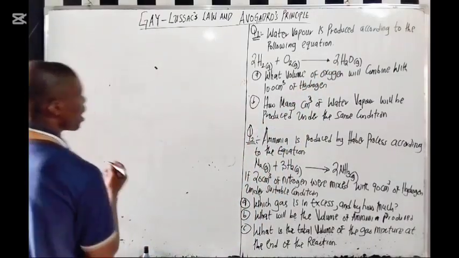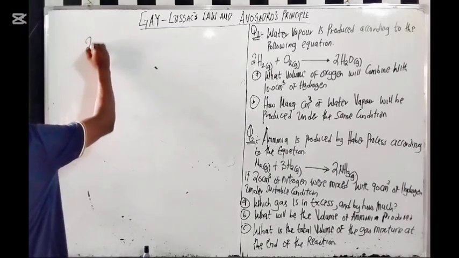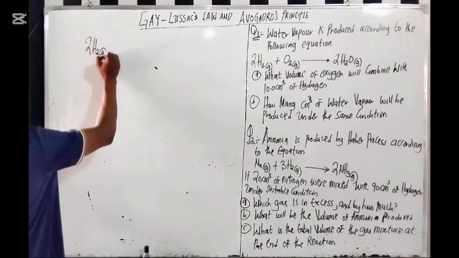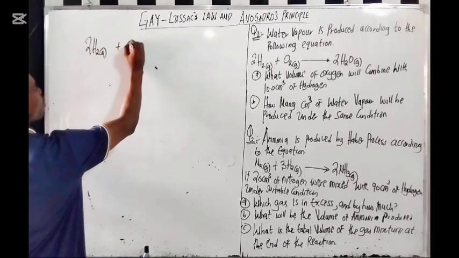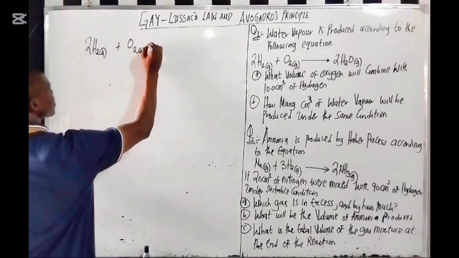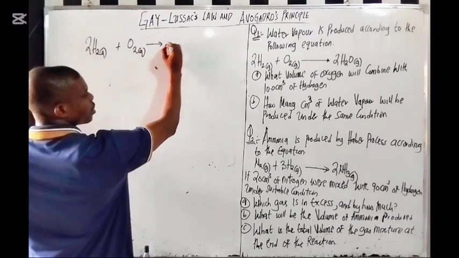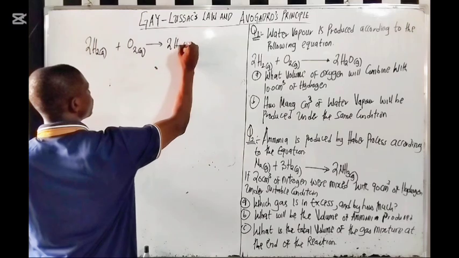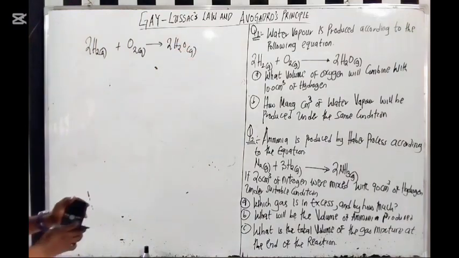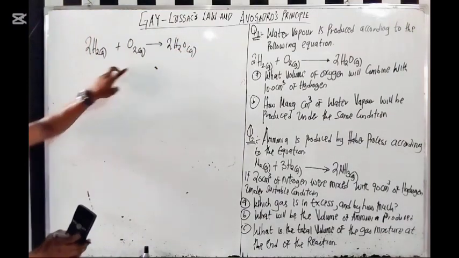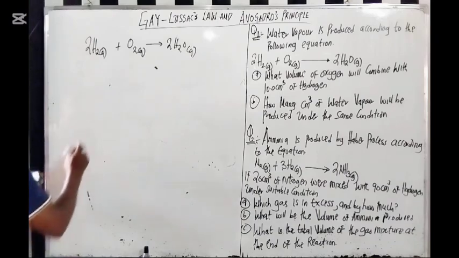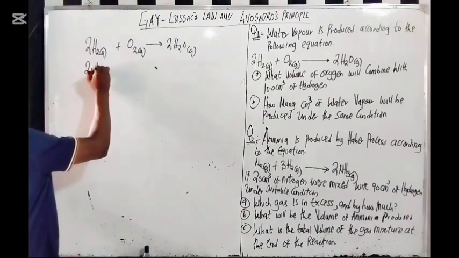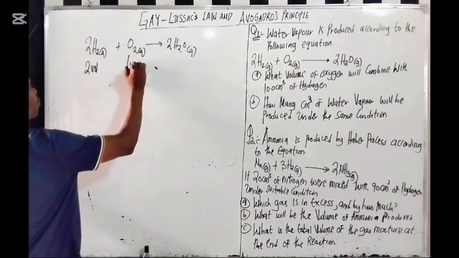If you check it very well, you have 2H2 gas plus O2 gas gives you 2H2O gas.